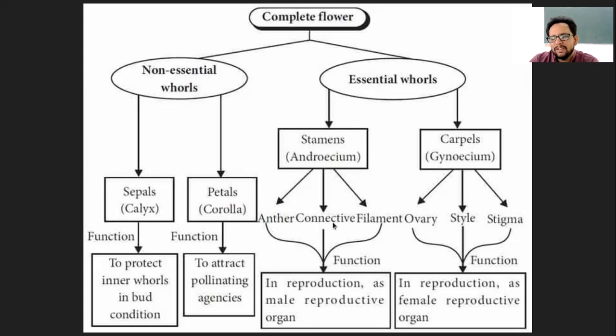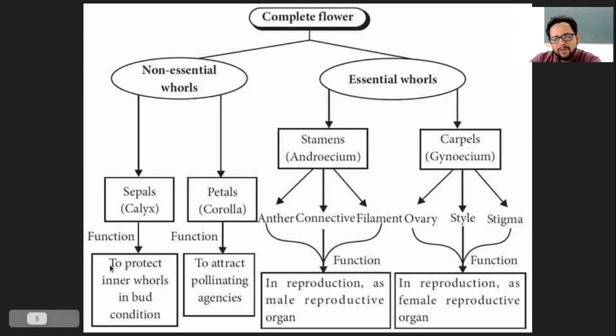Connective is the small stalk by which the bilobed anther is connected to the filament. And the female reproductive structure, the carpel, consists of 3 parts: ovary, style, and stigma.